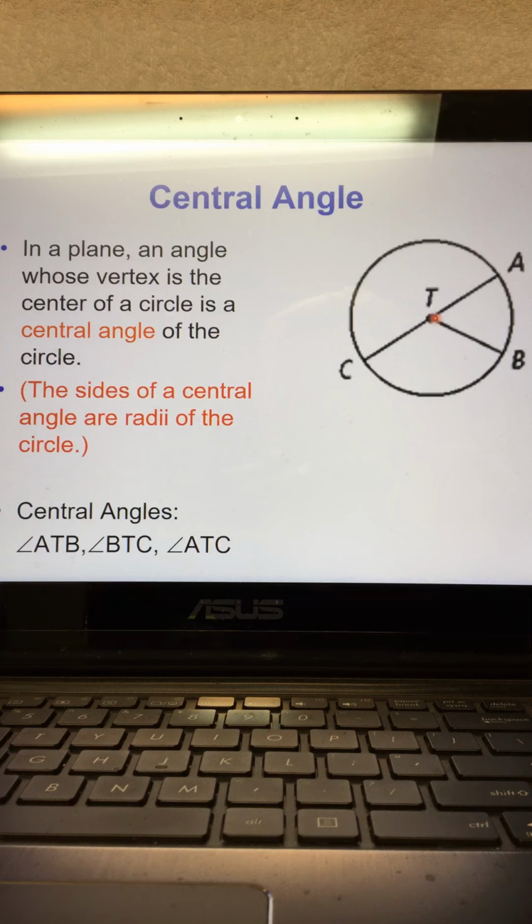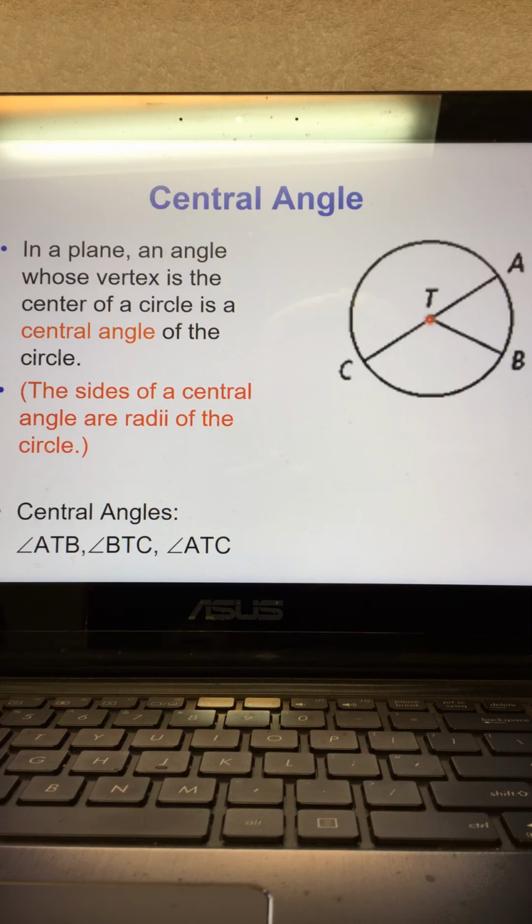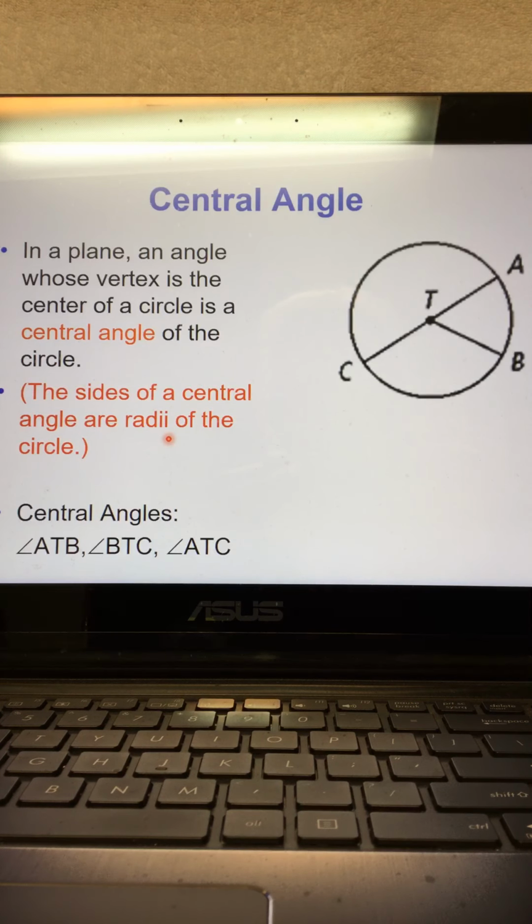That would be a central angle. If you notice, the sides of this angle are T to A, T to B. Those are radii. That's plural for radius. So an angle whose vertex is the center of a circle is called a central angle. So that's a play on the words center and central.